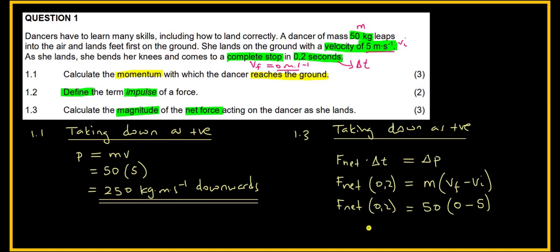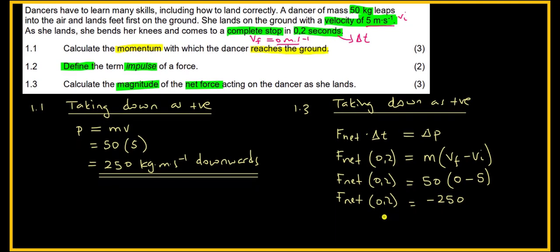So I have F net times 0.2. This gives me negative 250. If I divide both sides by 0.2, then I cancel this.